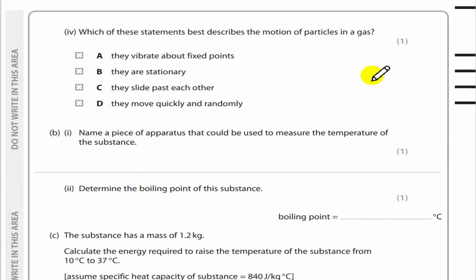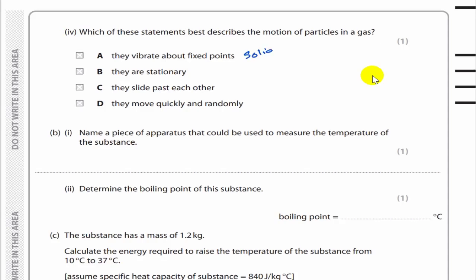Roman 4. Which of these statements best describes the motion of the particles in a gas? Fixed position is correct for solid.